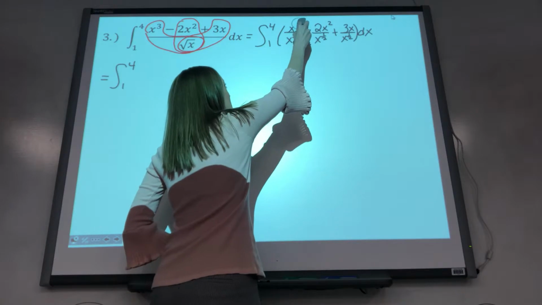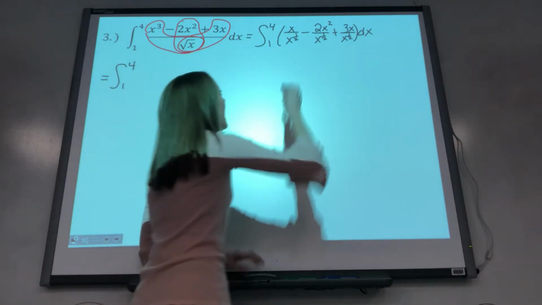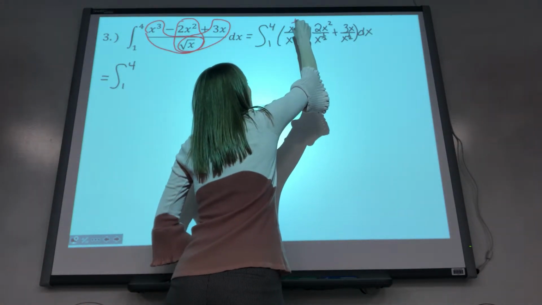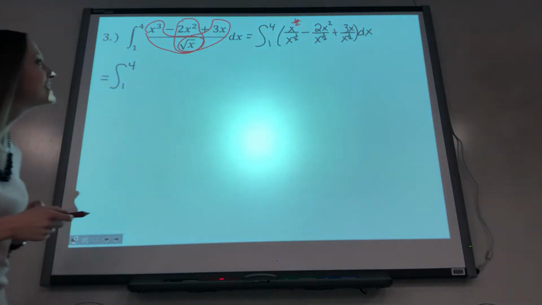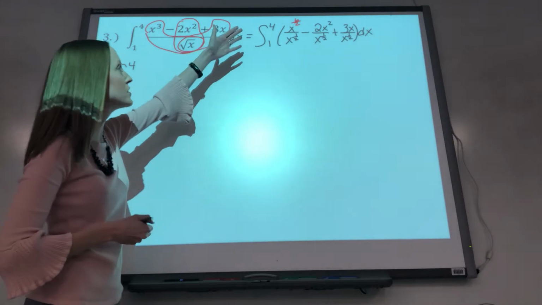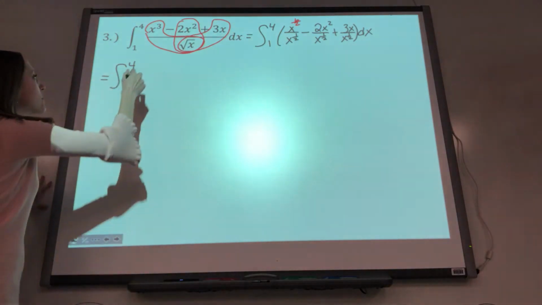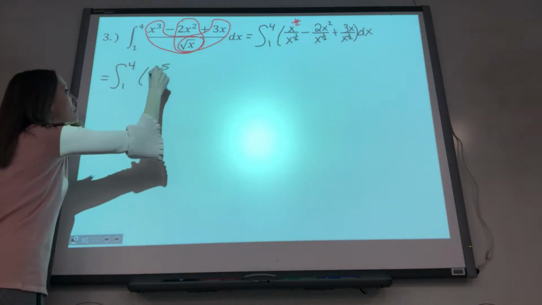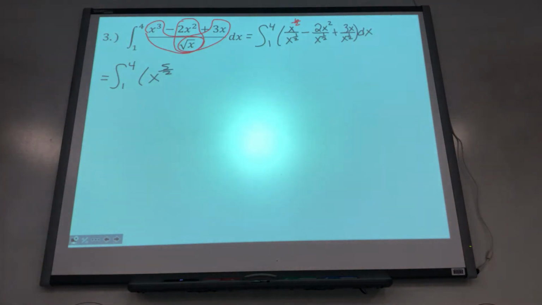So maybe think of the 3 as a 6 over 2. So 6 over 2 minus 1 over 2 would be 5 over 2, or 5/2. And that's actually not integrating yet. That's still just the original function.